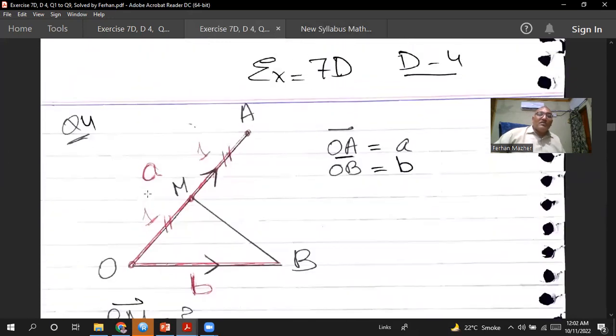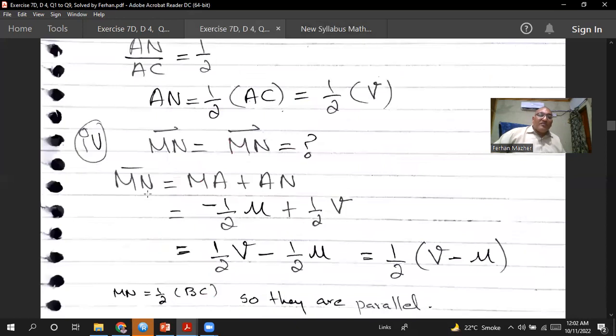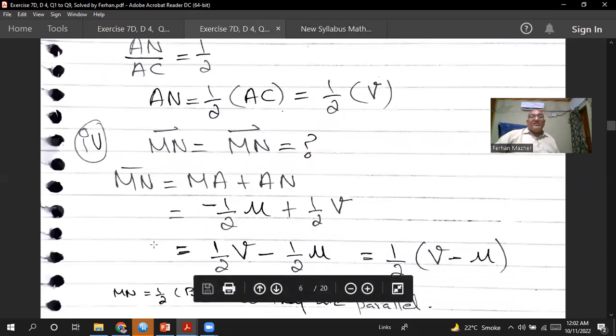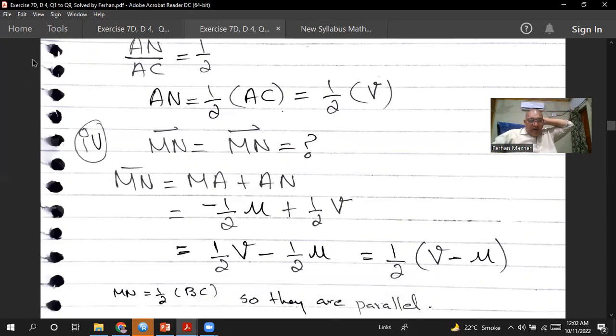So it means MN is equal to 1 by 2 BC. When this can be written about two vectors, then that means that they are parallel to each other.